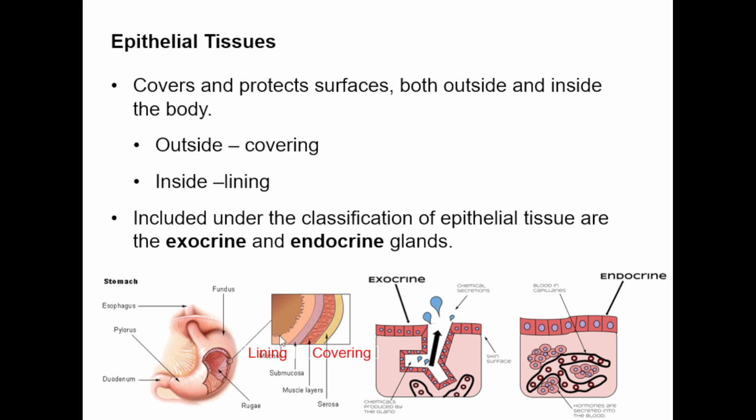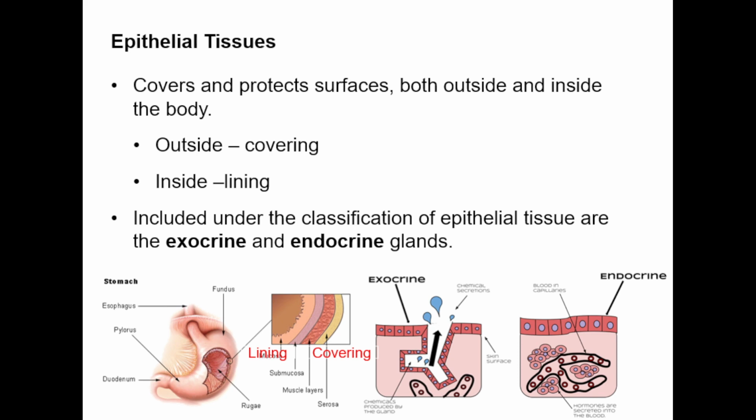And then the innermost layer or the innermost surface is called the lining epithelium. So that is how our epithelial tissues actually function. They cover an organ or they cover the entirety of the body. And the insides of our organs, the insides of the hollow organs, they also line them.